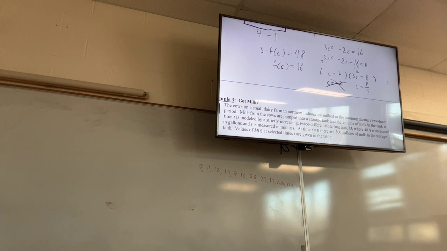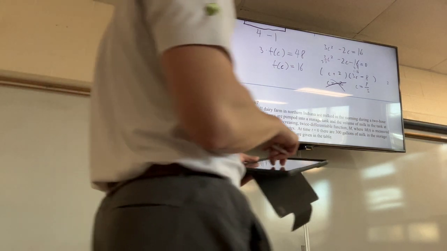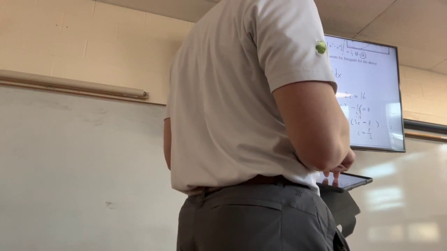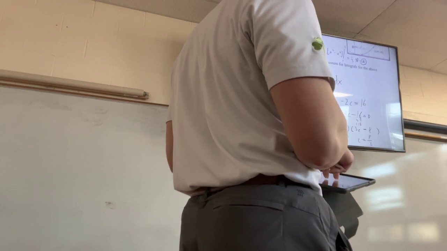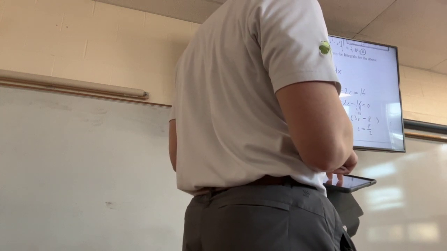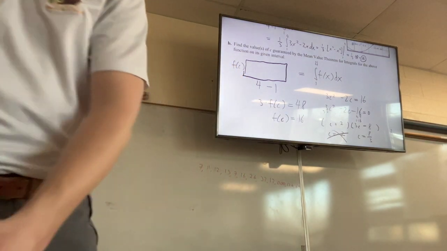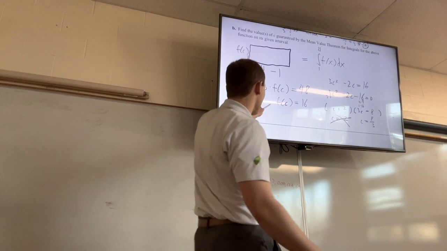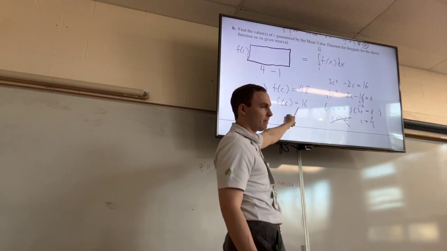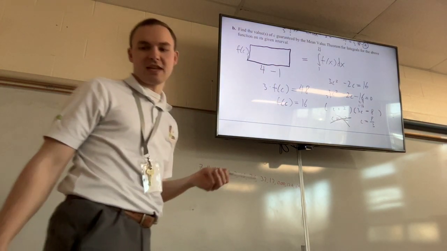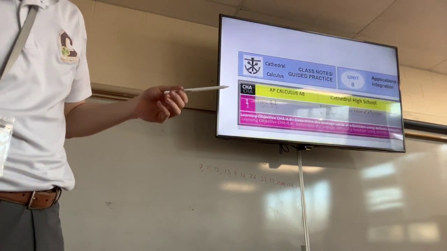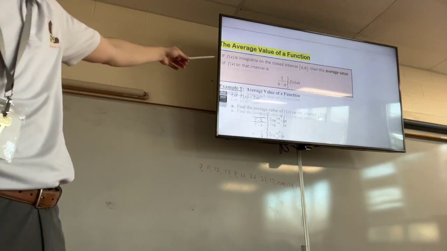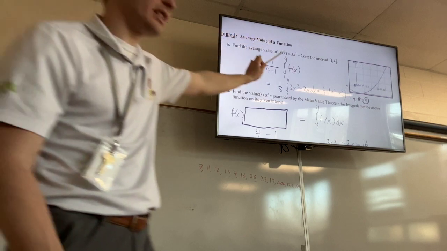Good job. What's up, Andrew? So when you got the 3c squared minus 2c, that's like the original equation, yeah. Why do the original and not the x cubed minus x squared? So, do you see how I got to here? F of c equals 16. What the theorem says, this is the green box up here, is that when you find the average value, we got 16, right?